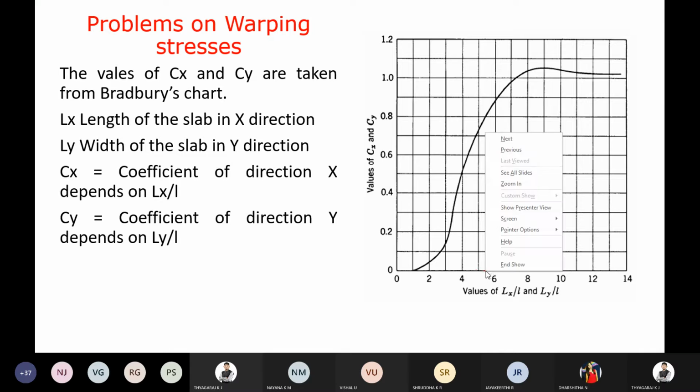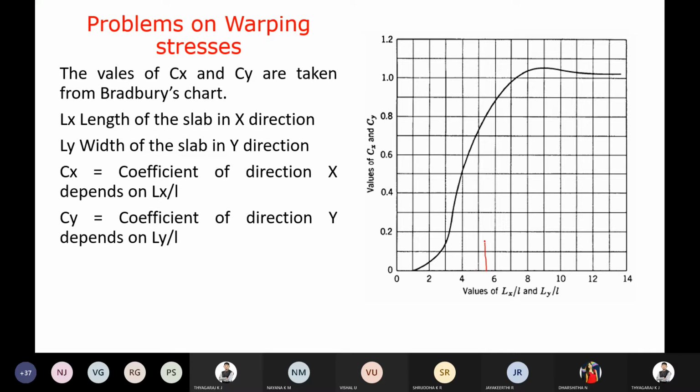So approximately it will come here. Draw a line, cut the point here, and note down the corresponding value. That will be your Cx value. So Cx, how much are you going to get? 0.82.